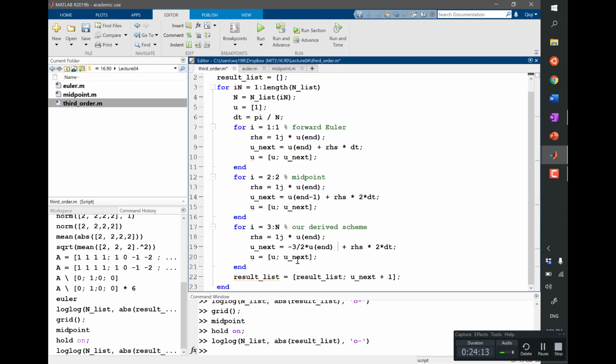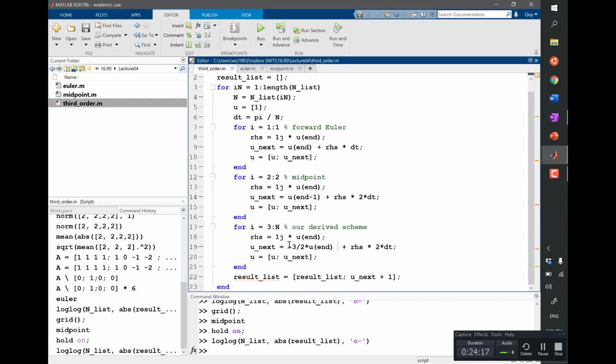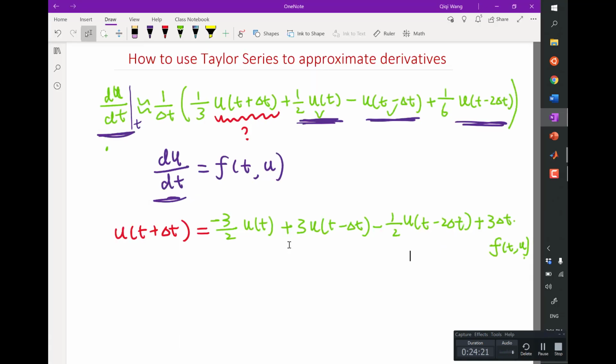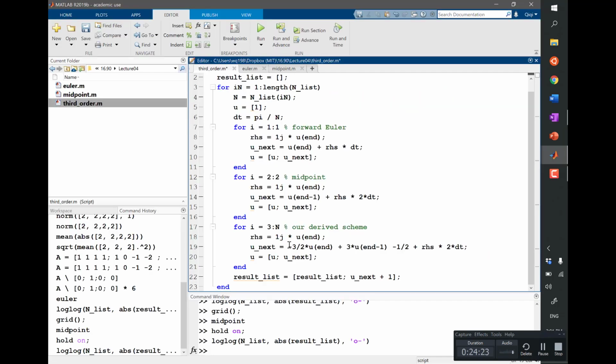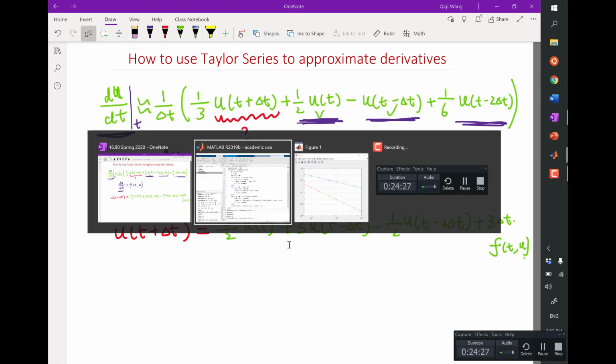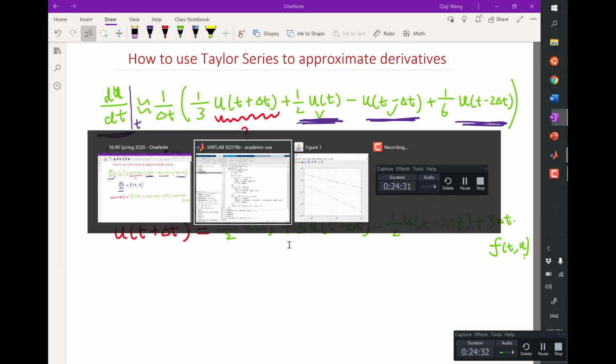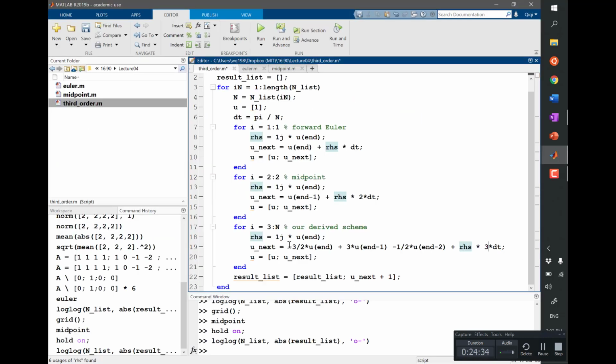Un, and that's un is this u at t, right? And now I plus 3 times un minus 1, minus half times un minus 2. Okay, and I'll have right hand side not times 2 delta t, but times 3 delta t, right?